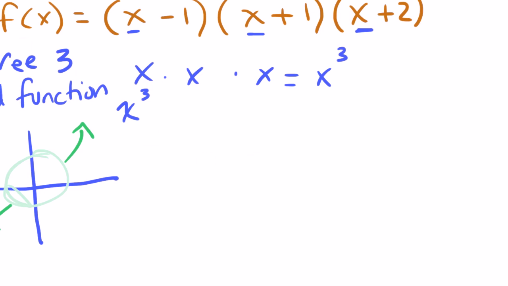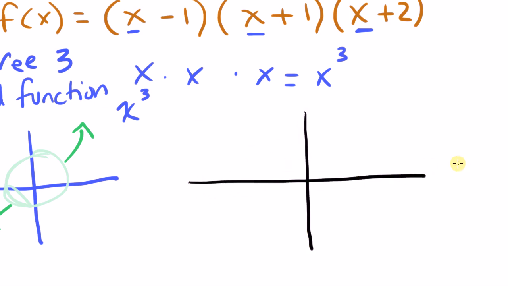Let's go with black. Okay, so we have our axis. I'm going to label my x and y, and I'm going to grab some colors here. So this is going to be 1, 2, 3, -1, -2, -3.